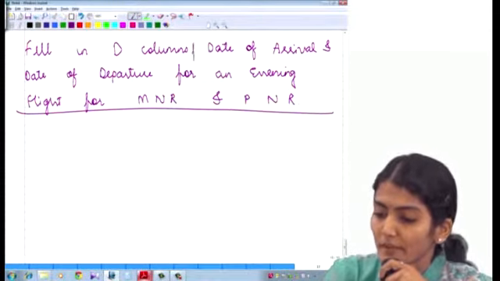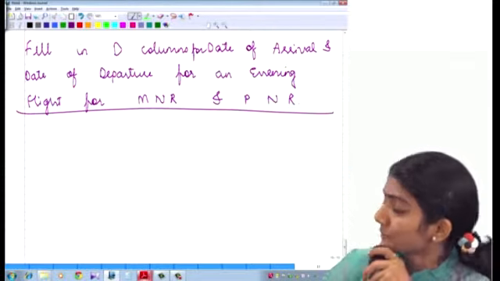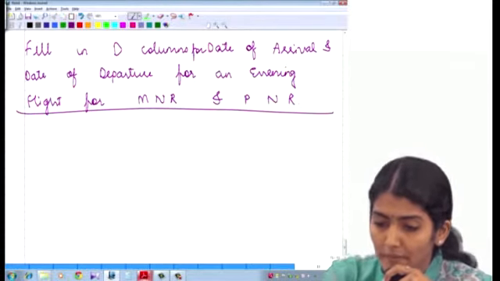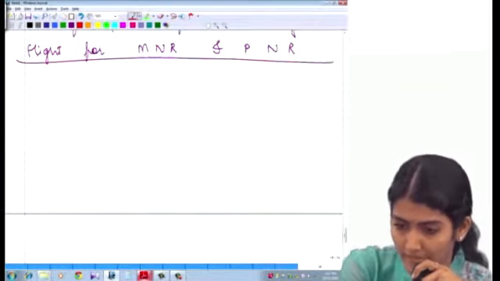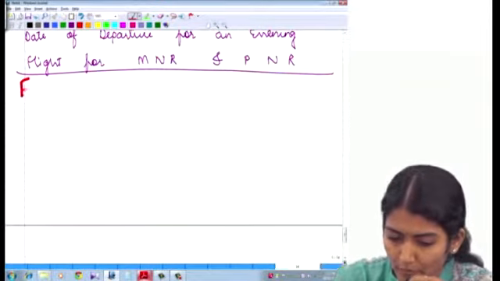Fill in the columns for the date of arrival and date of departure for an evening flight for MNR and PNR. Right?